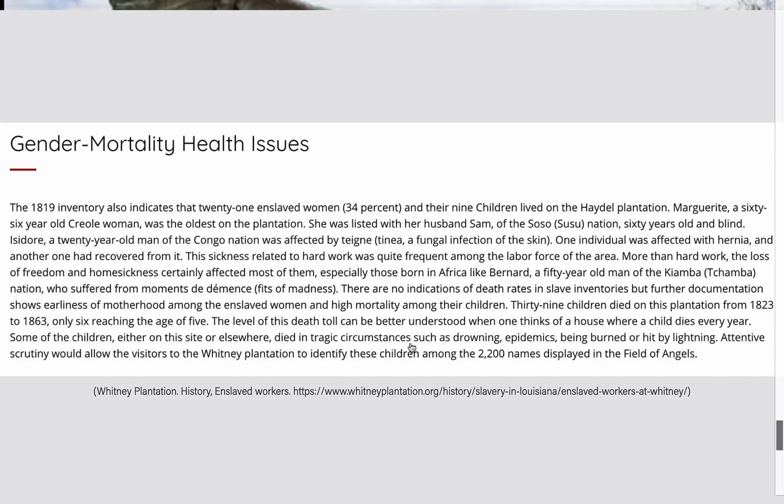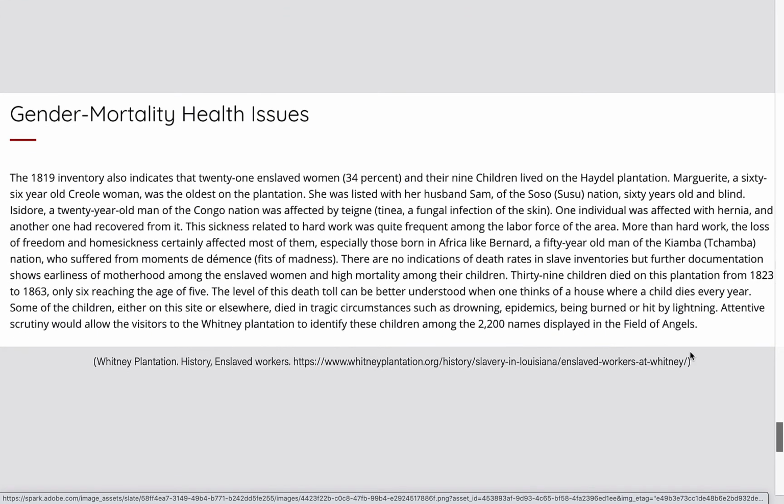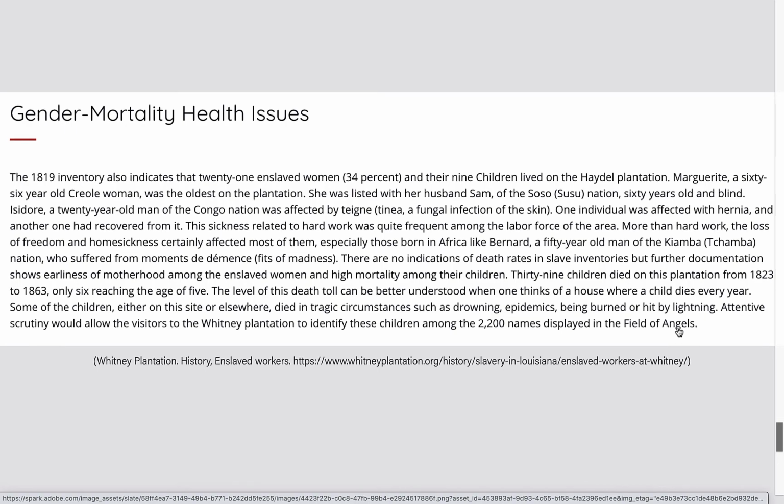So the death toll they compared to a house where a child dies every year. They died from such things as drowning, epidemics, being burned, or hit by lightning. So this is just more detailed information about the children who are memorialized in the Field of Angels.